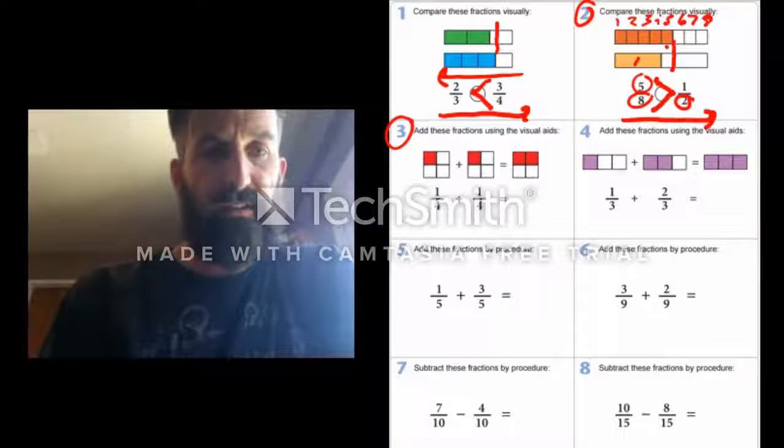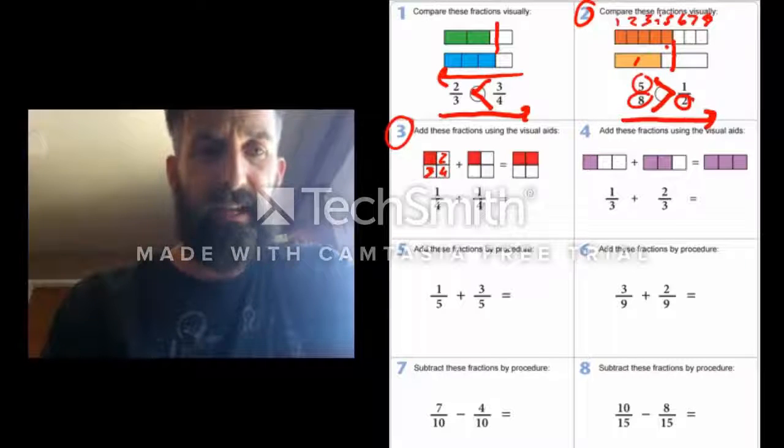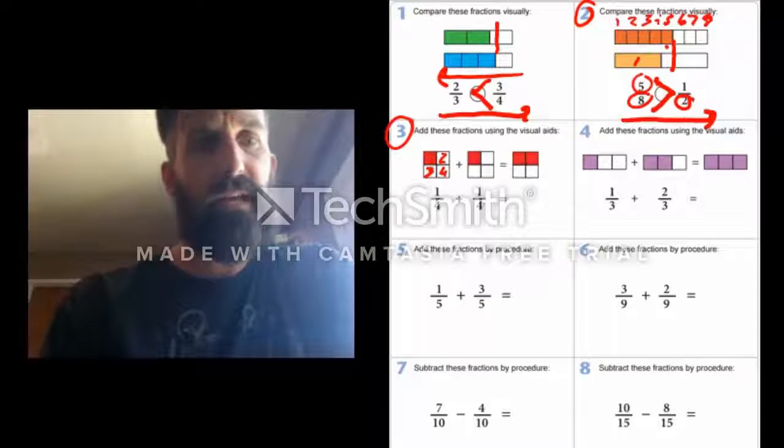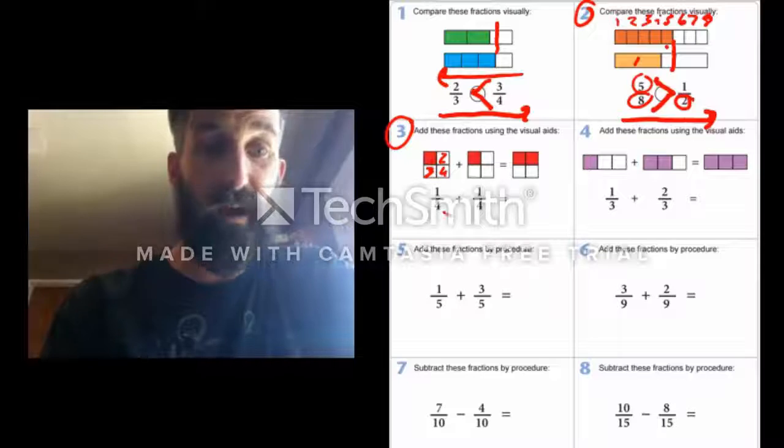So this represents 1 out of my total 1, 2, 3, 4. So that's my 1/4, and this is 1/4, and it looks like I'm adding them together. So when I have the same, if the shape is divided into fourths, and the other one is divided into fourths, it means the denominators are the same.